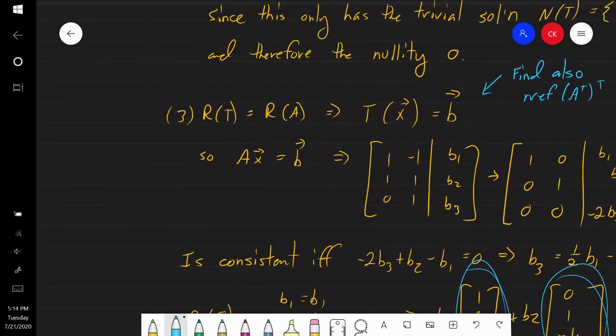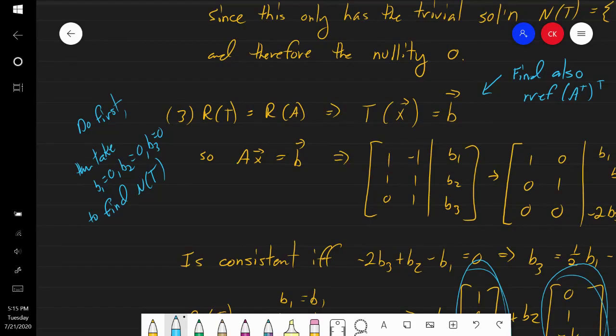If we think about the range as a special case of the null space, then if we do this first, we can take b1 equal to 0 and b2 equal to 0 and b3 equal to 0, and we can determine the null space from that. So it's just a little bit of an efficiency thing from that perspective.